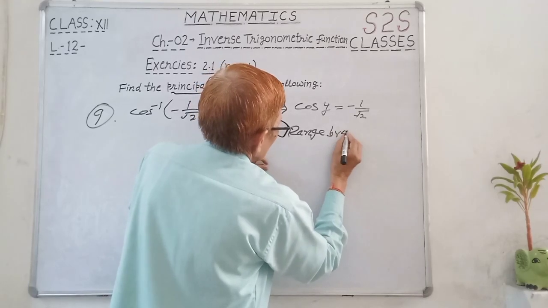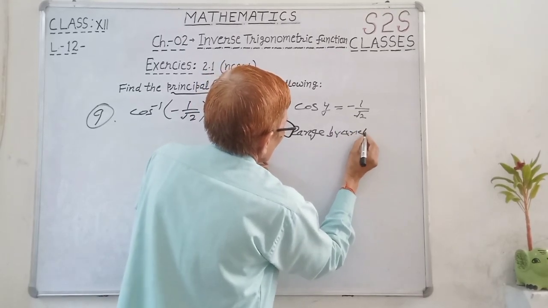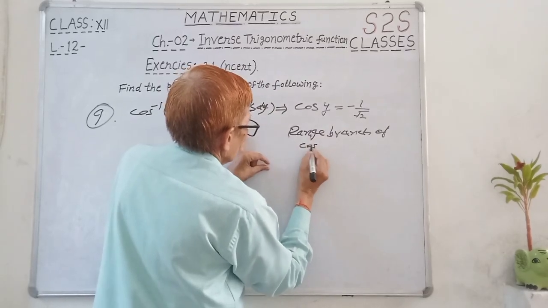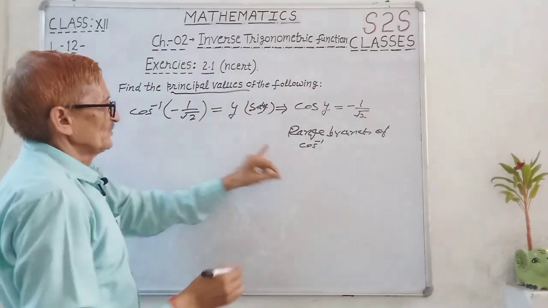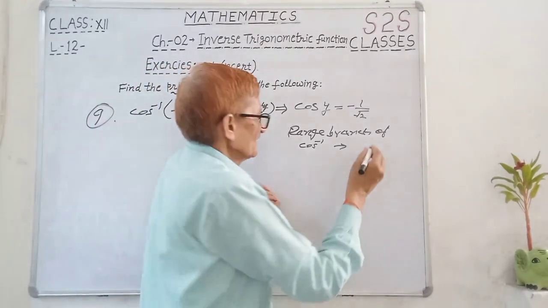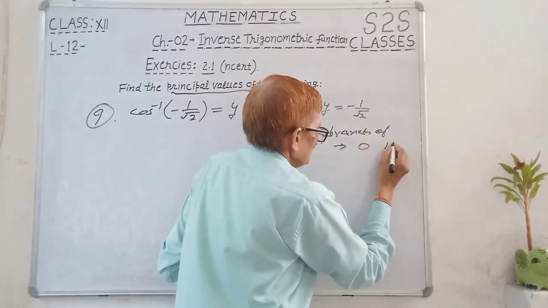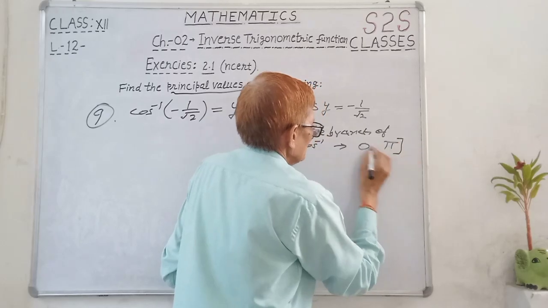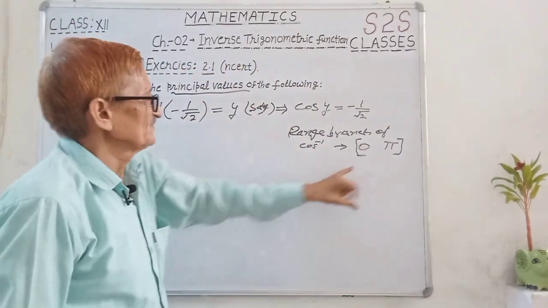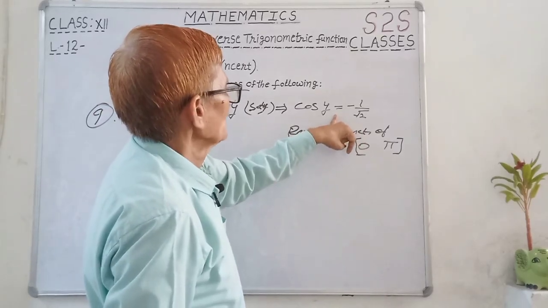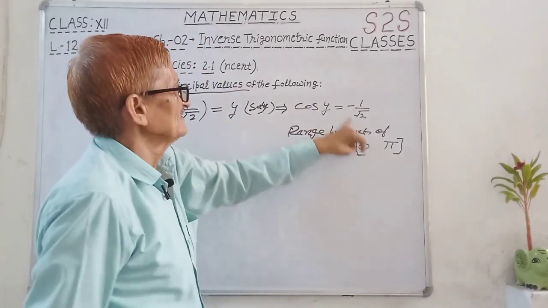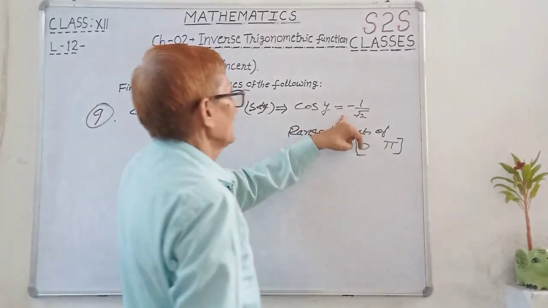The cos inverse branch is 0 to pi, closed. So that means first and second. So here cos is negative in second and third, but third is not here. This is in second.